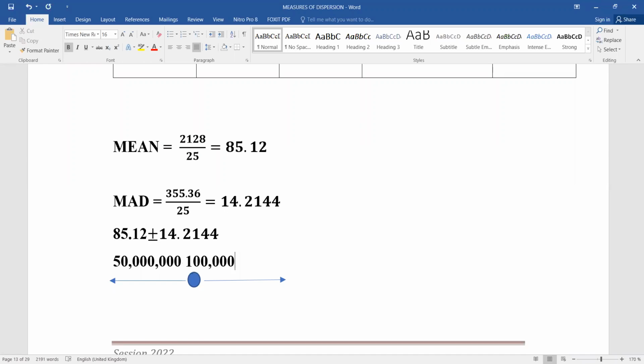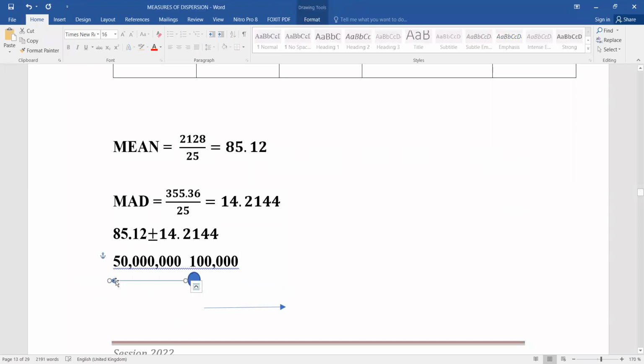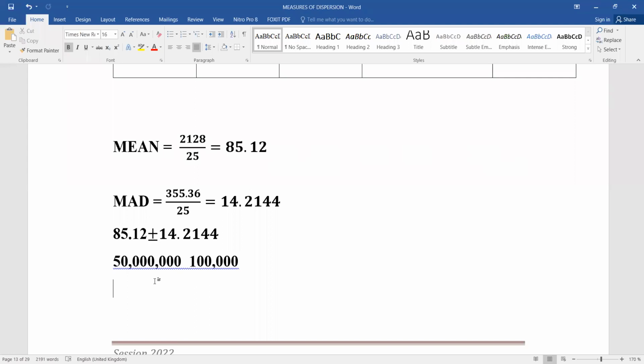When you calculate the average, the average income of people who work in KCCA might be, say, 5 million.